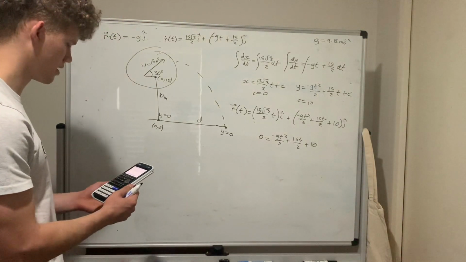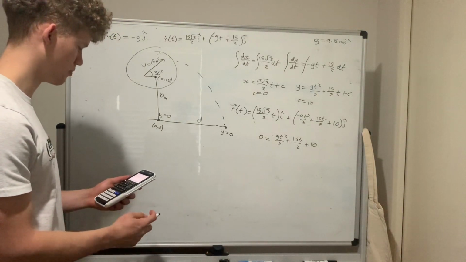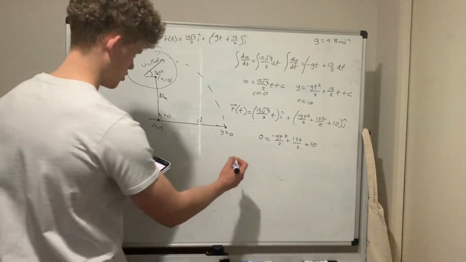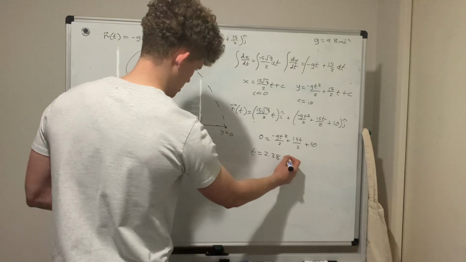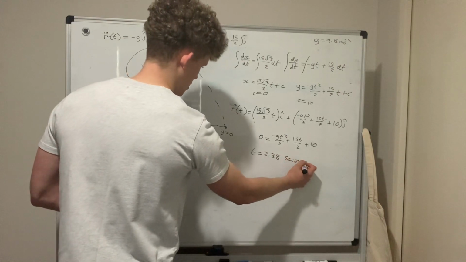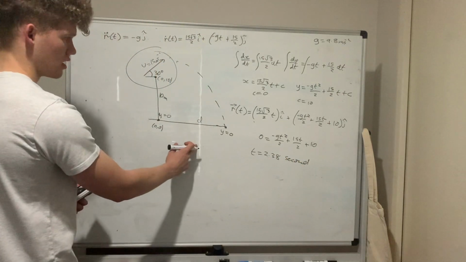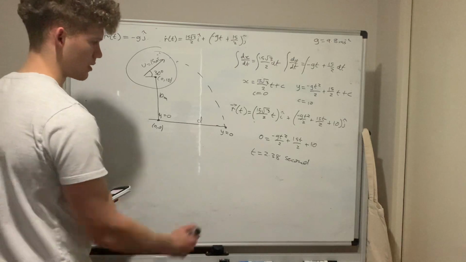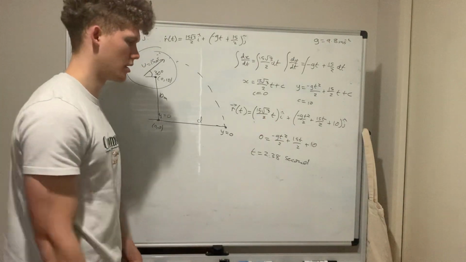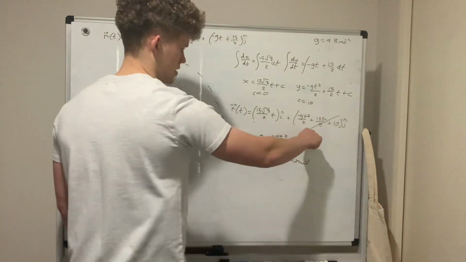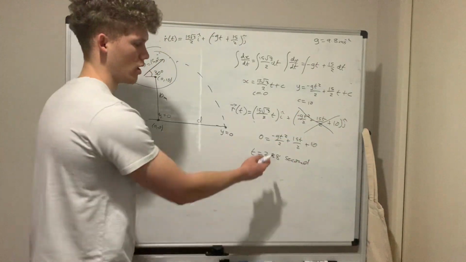Time equals 0 at a couple of things, so it will be after 2.38 seconds. So if you want to find this horizontal distance here, all you've got to do is substitute this number into this vector equation, because if you were to sub it in, this whole thing would be 0 because that's one of the solutions when it's at 0.